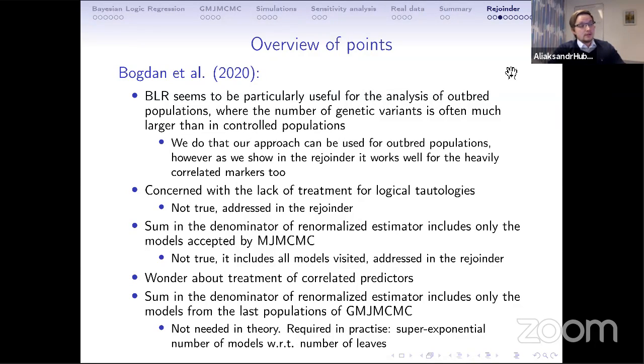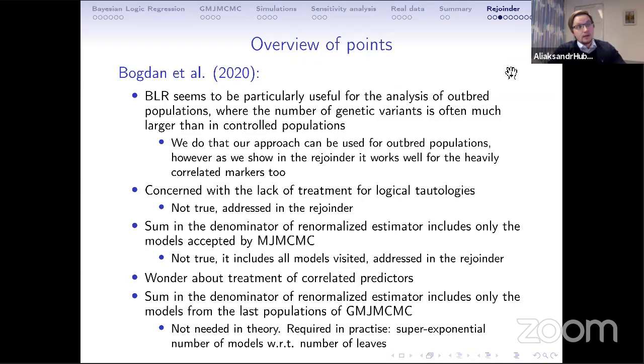This is, of course, not needed in theory, but in practice, we have a super exponential growth of the number of models with respect to the size of the logical trees. And one has to make some pragmatic decisions in order to not work with too large hash tables, for instance, or other data structures, and avoid writing and reading from disk too much.